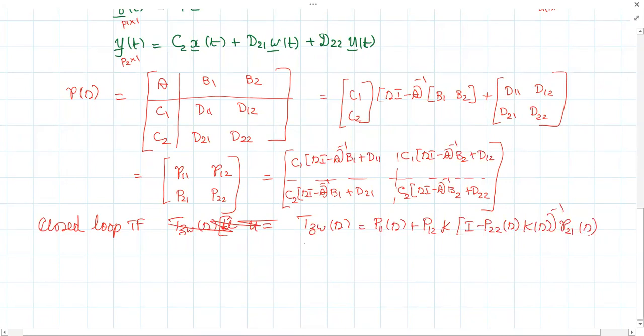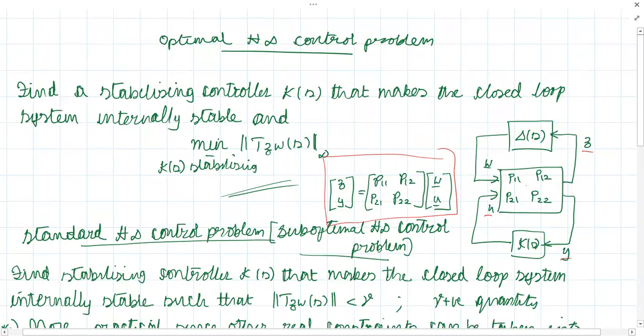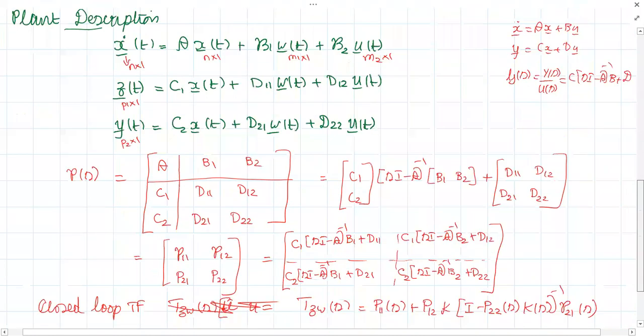How do you get this? Can anyone explain? Lower LFT. From the LFT only. We have explained in detail how we are getting the upper LFT and lower LFT. From the LFT only we are getting this, right?